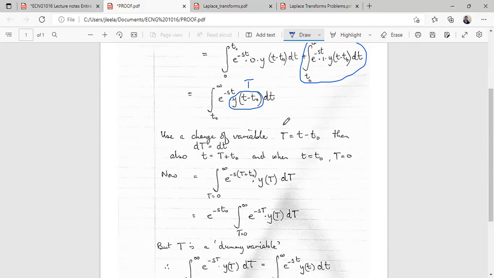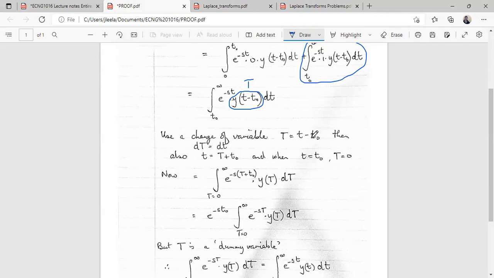In this case I'm using capital T, so let capital T equal t minus t0. Of course, if you're differentiating to change the dt to d capital T, then you have to also differentiate the right-hand side.